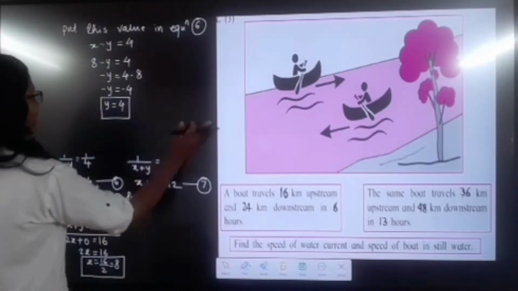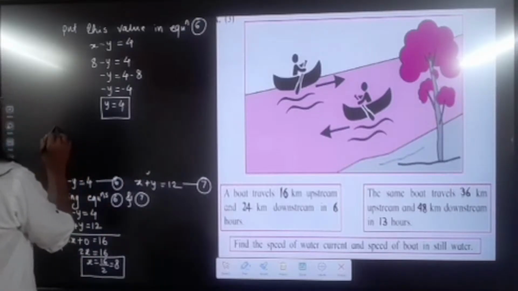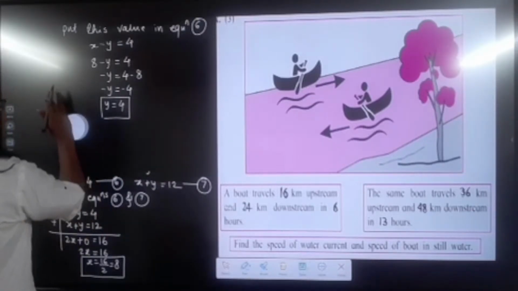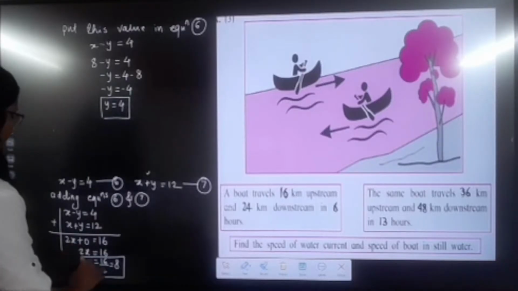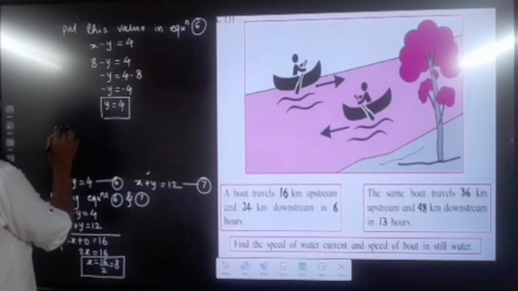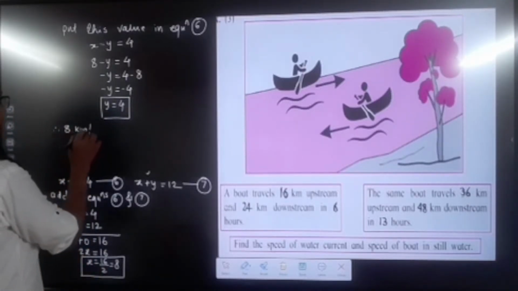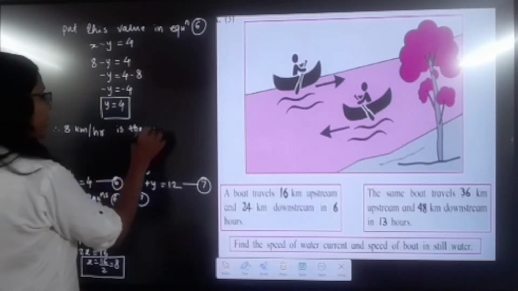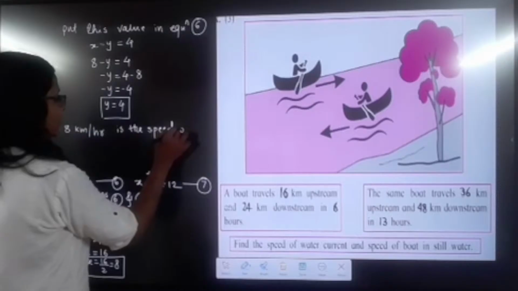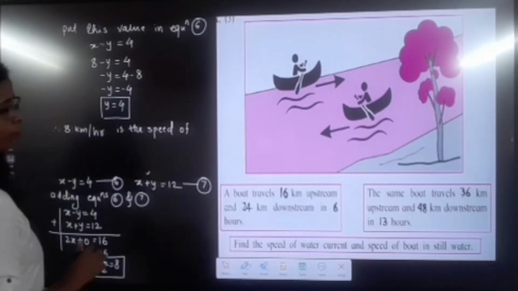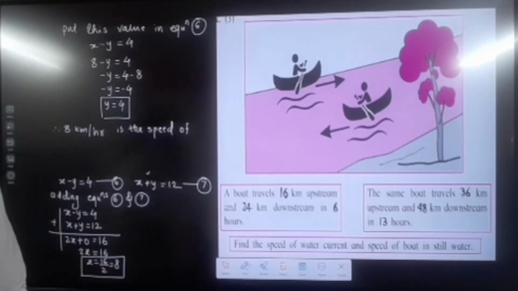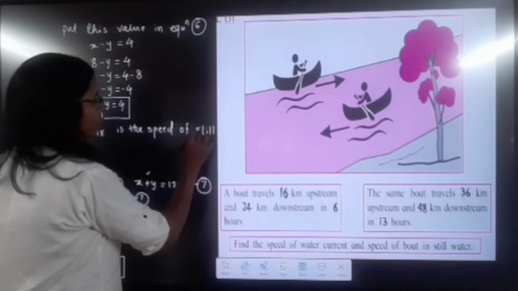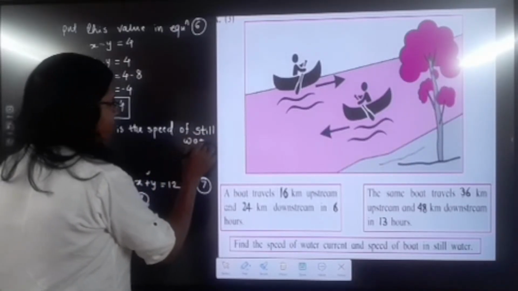So finally I write down that 8 kilometer per hour is the speed of the boat in still water.